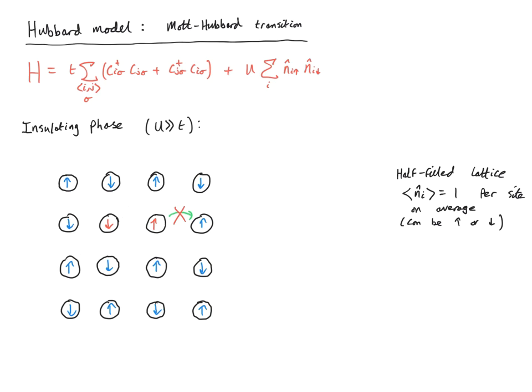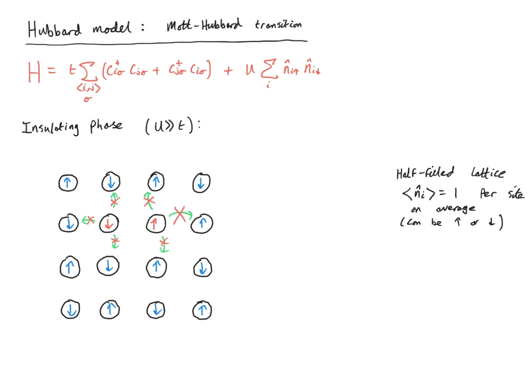I can only have spin anti-parallel pairs of electrons occupying the same orbital. Likewise, I cannot hop this electron to this nearest neighbor here for the same reason. And likewise, I cannot hop this electron in any of these directions, or this one here. All of these hops on the lattice are now suppressed basically just by the Pauli principle.